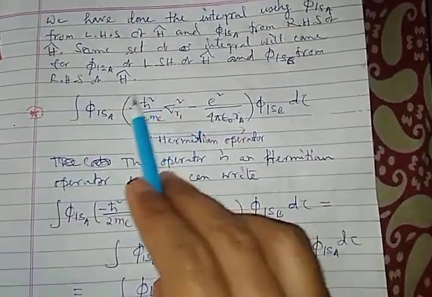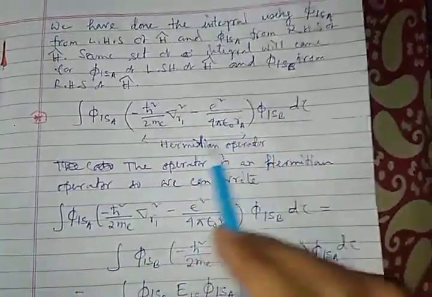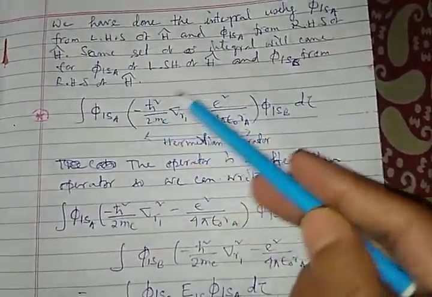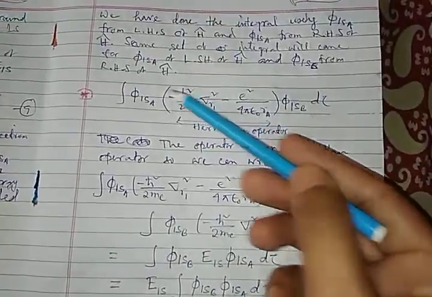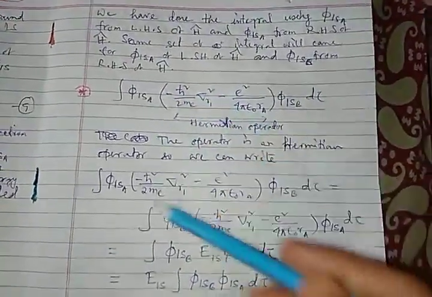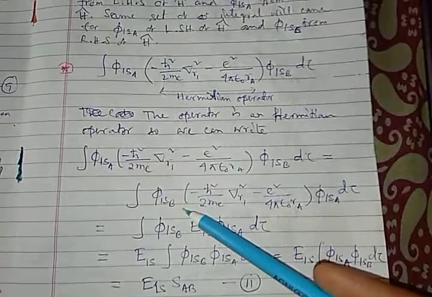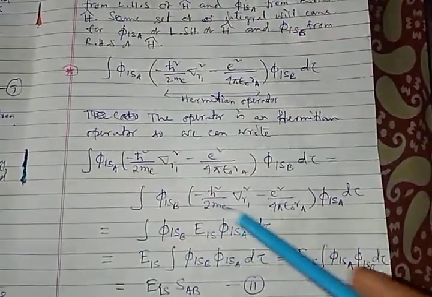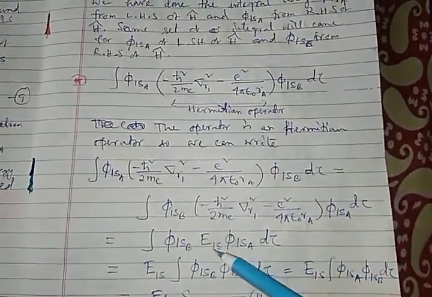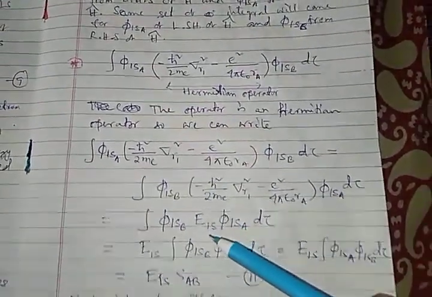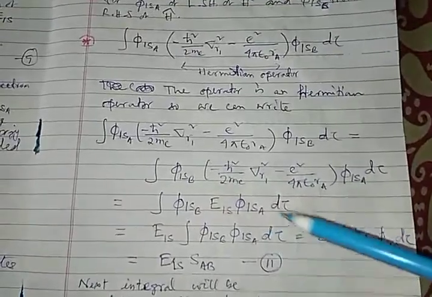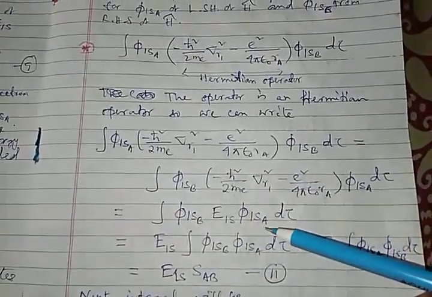Again, we know the Hamiltonian operator is a Hermitian operator. So as this is a Hermitian operator, it will yield the same result if we operate in the reverse order. If I operate this on psi a, it will yield the ground state energy of the system, E1s, and psi a.